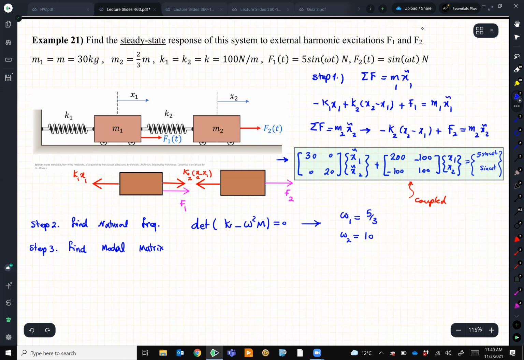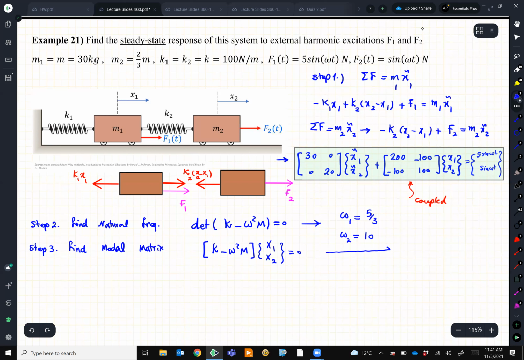For the modal matrix, we need the ratio of x1 over x2. So you need to solve the matrix K minus omega squared M, times x1, x2, equal to 0.